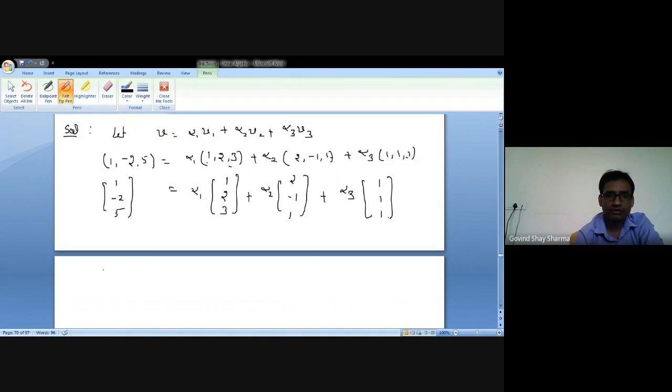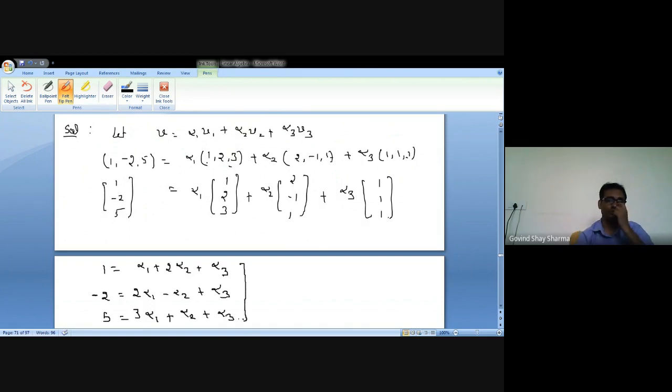So 1 equals alpha 1 plus 2 alpha 2 plus alpha 3, minus 2 equals 2 alpha 1 minus alpha 2 plus alpha 3, and 5 equals 3 alpha 1 plus alpha 2 plus alpha 3. These are the three equations we get. Now from these we have to find the values of alpha 1, alpha 2, alpha 3.